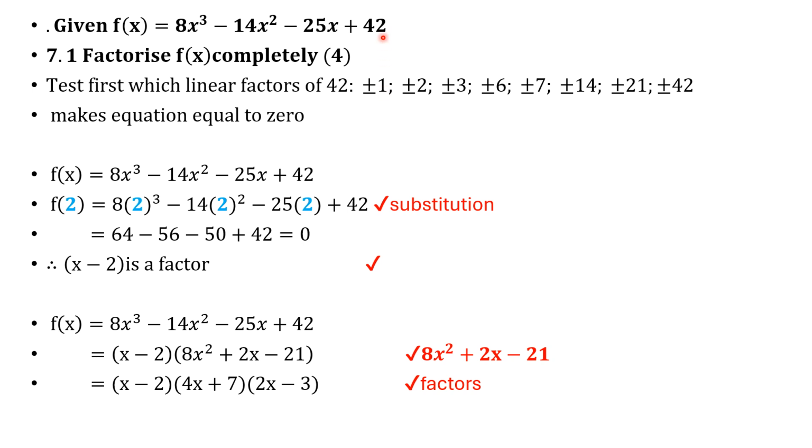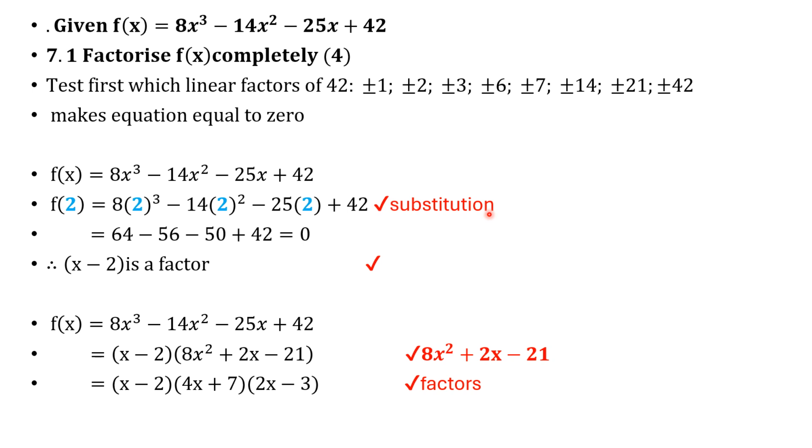So factors of 42: 1, 2, 3, 6, 7, 14, 21, and 42. I'm going to test the positives and negatives from there. If I take positive 2 and substitute it in, it's 8 times 2 cubed minus 14 times 2 squared minus 25 times 2 plus 42.